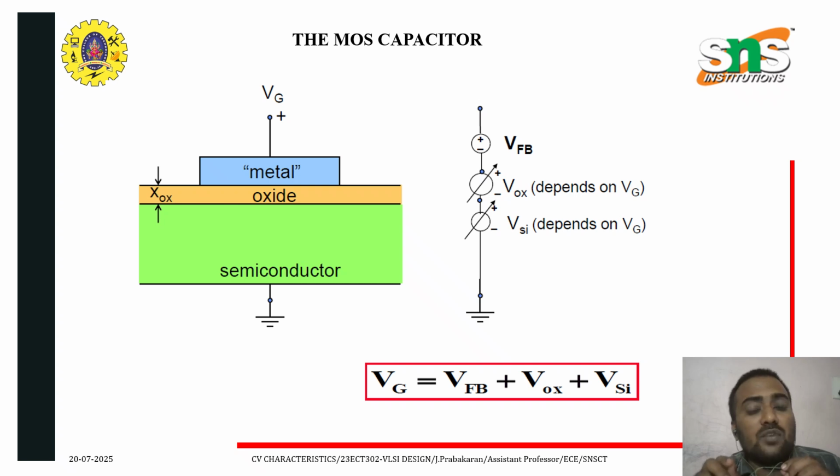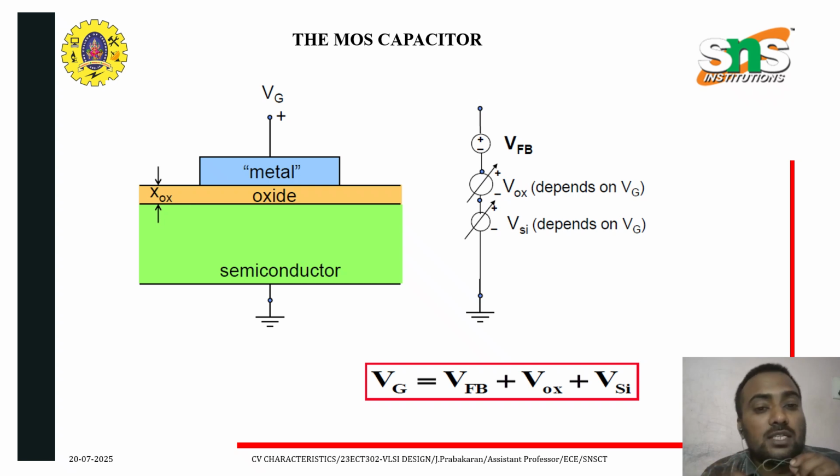The flat band voltage is the voltage at which the energy bands of the semiconductor are flat, with no band bending. It accounts for the work function difference between gate and substrate, and fixed oxide charge, if any. Next is Vox, the oxide voltage, the voltage drop across the oxide layer SiO2 due to the electric field, and also Vsi, the semiconductor surface potential.